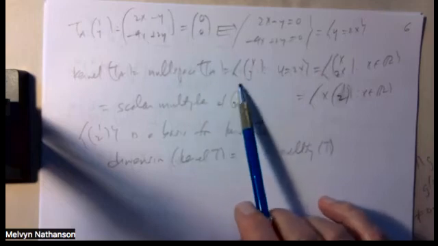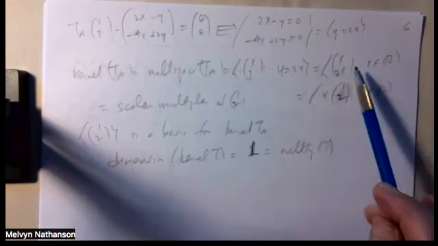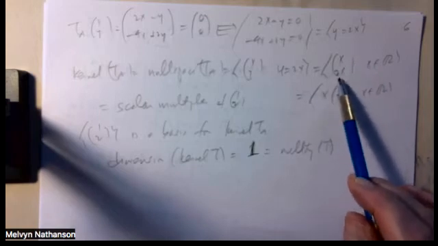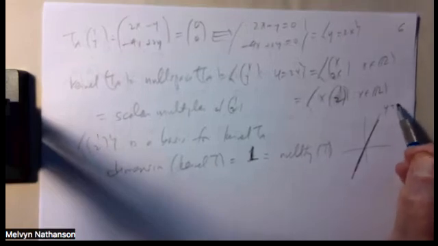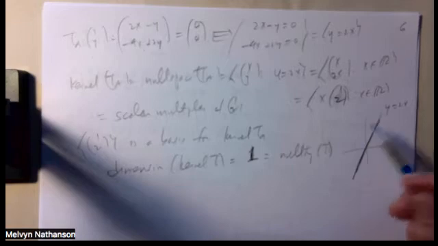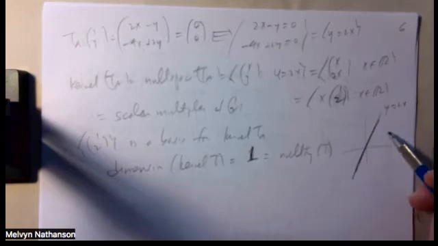T_A of a vector is 0 if and only if y equals 2x. So the line y equals 2x, that's this line in the plane, right? A map from R2 to R2 just sends every vector in the plane to another vector.